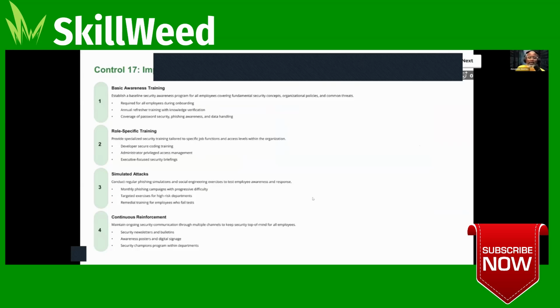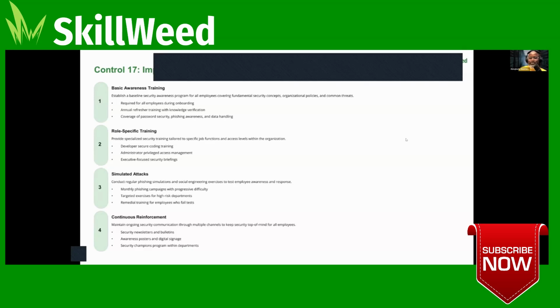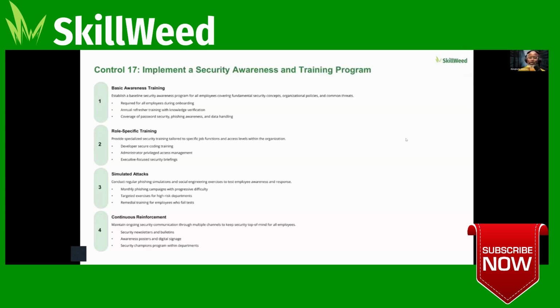Control 17 is talking about security awareness and training. I think we can all agree humans are the weakest link. That's why the training is exceptionally required. There's no shortcut to training your users. From the security team to the CEO, receptionist, everybody must have a culture of security awareness.